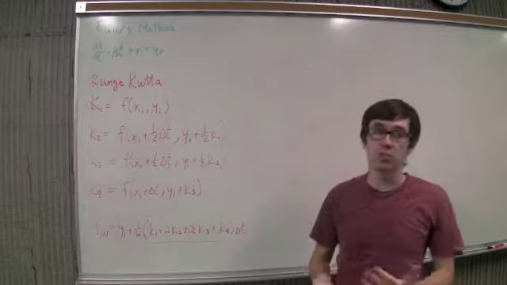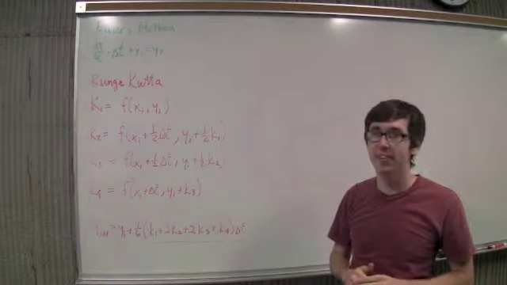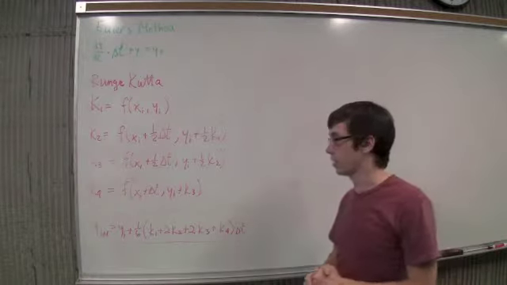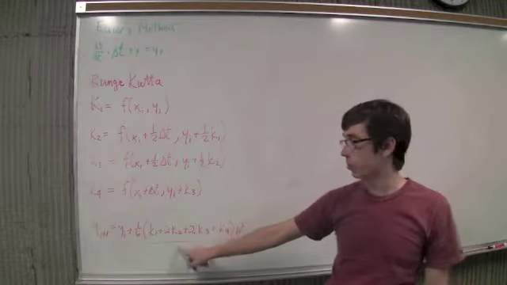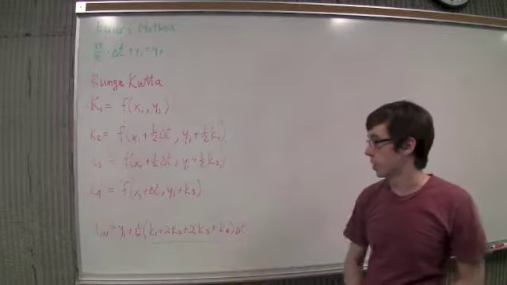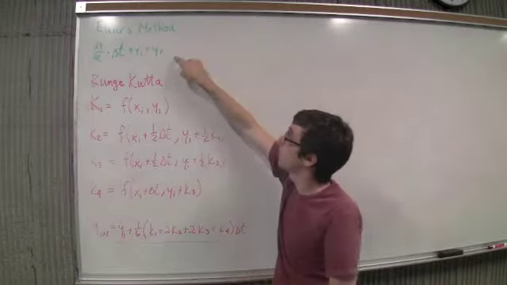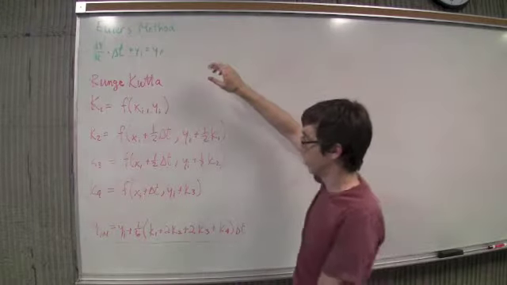There actually are some similarities, despite its appearance, between Euler's method and Runge-Kutta. If you look down here, this is what we call the recurrence formula for Runge-Kutta, which would correspond to Euler's formula up here. Take a look.